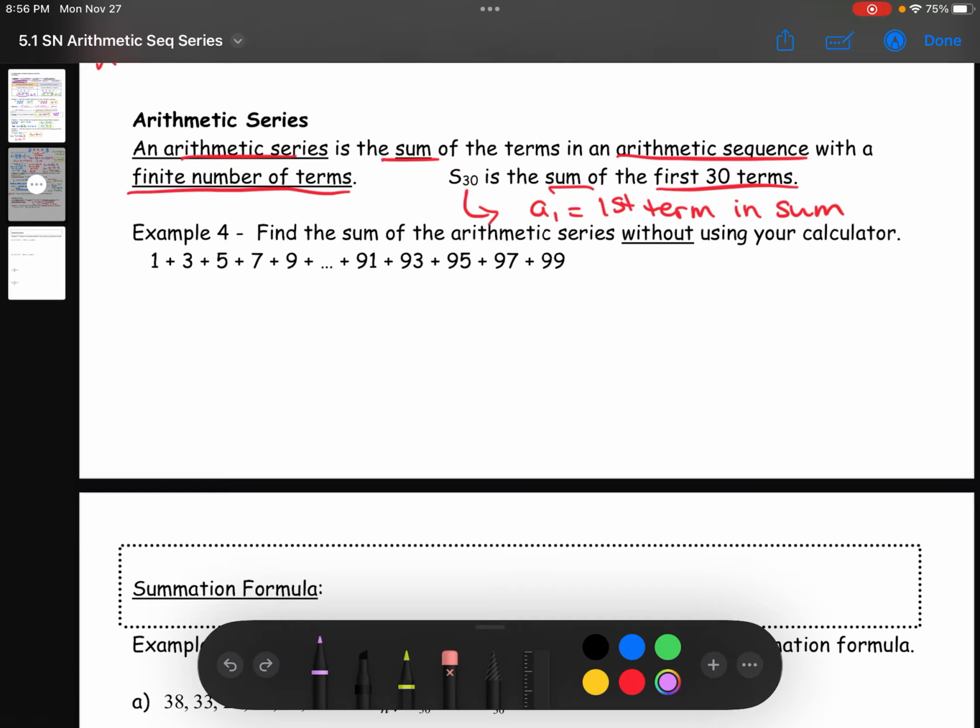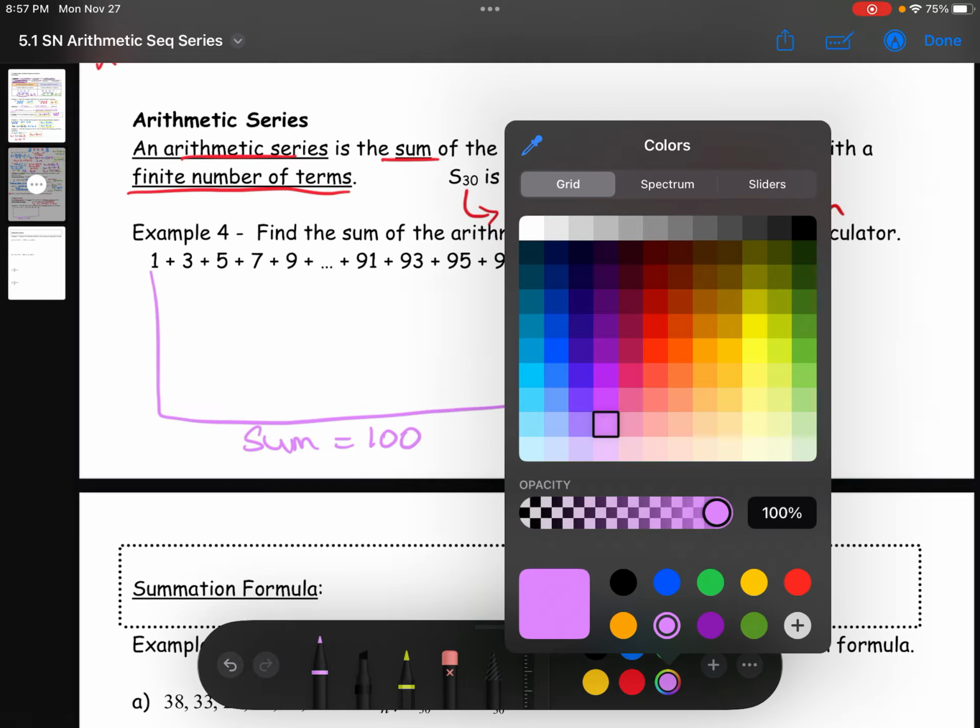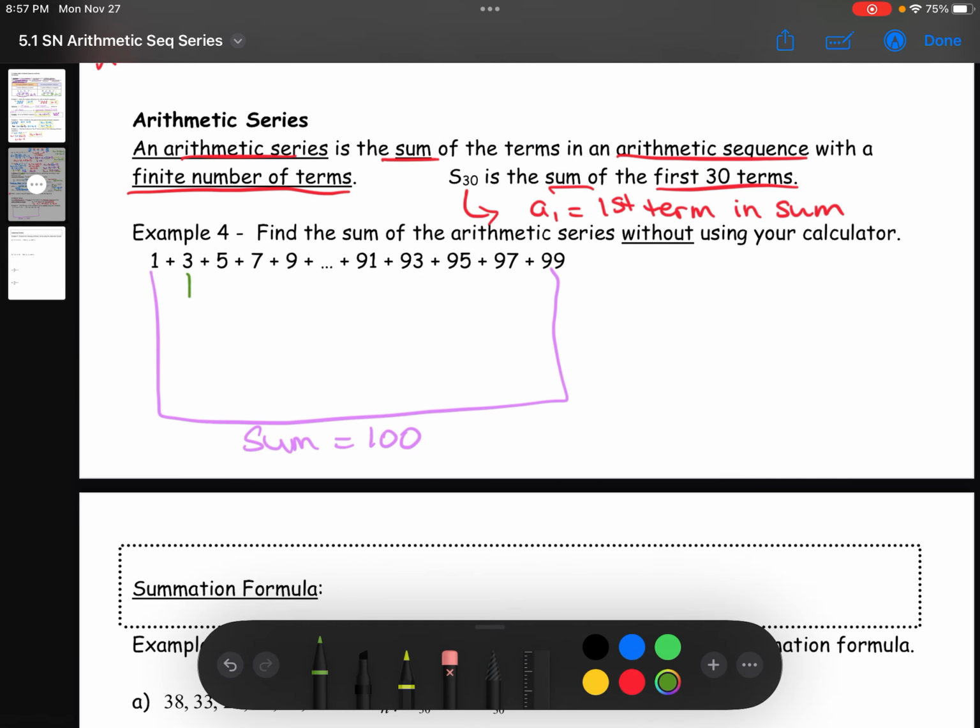So, one way to find this is to think about the pairs. The first term and the last term, 1 and 99, their sum is 100. 3 and 97, the second term and the second to last term, their sum is 100.